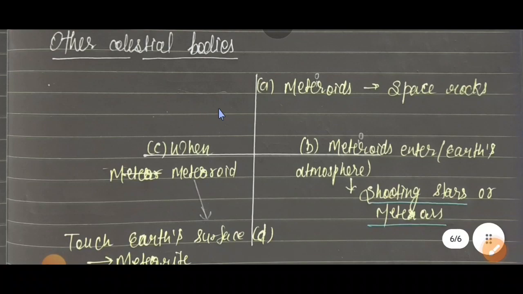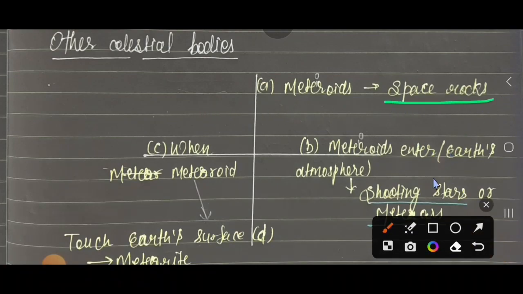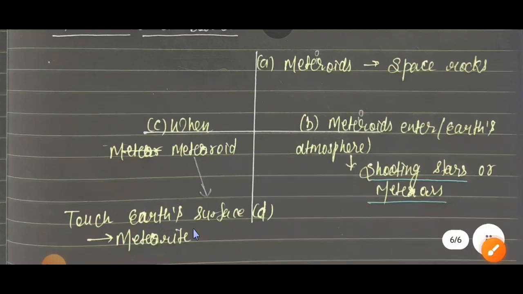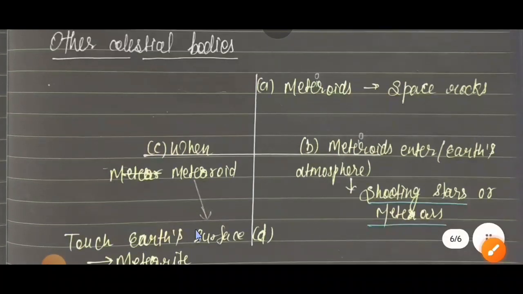So now let's study about meteoroids. Meteoroids are space rocks. When meteoroids enter our Earth's atmosphere, they start burning, and this is called a shooting star or meteor. And when a meteoroid touches the Earth's surface without burning, it is called a meteorite.